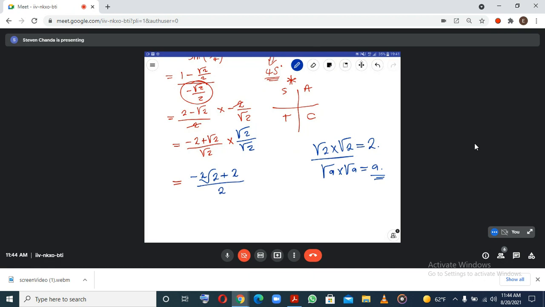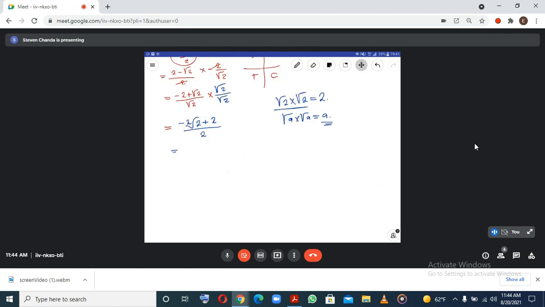But we are not yet done because you can still factor this thing. So what you do, you say, let me factor 2 out. So it's going to be negative that plus 1 over 2, isn't it? So you cancel that, you're getting negative square root 2, plus 1.